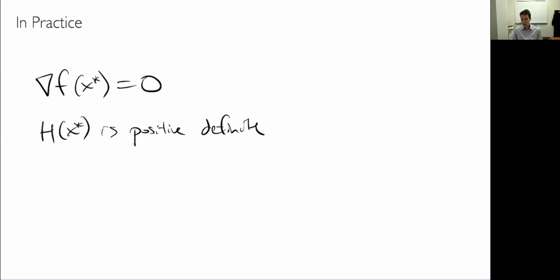Also in practice, as we talked about in the last lecture about numerical methods, we're never actually going to get to 0, right? We have some machine precision here. We have some finite precision that we can represent things with. So we're going to use some sort of tolerance. So we're going to look at the magnitude of the gradient, and we are going to terminate when that magnitude is less than or equal to some tolerance, tau.